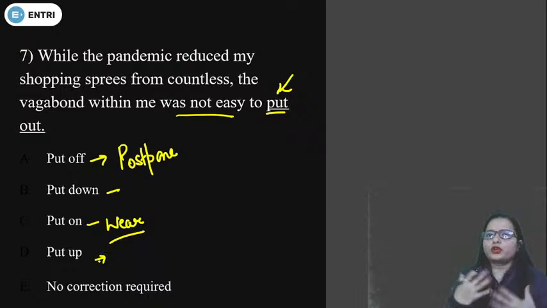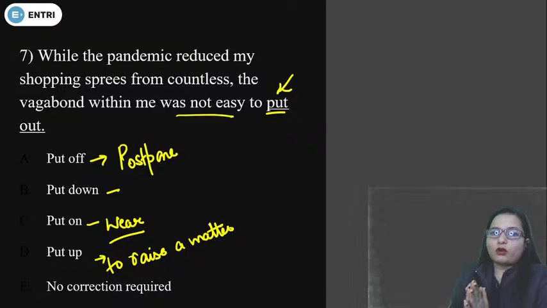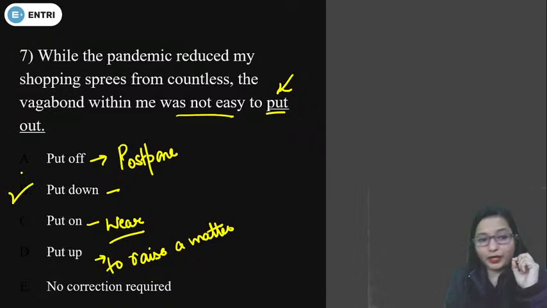Put up, when you raise a matter, we use put up. So what is the phrasal verb which can be replaced by put up? It is put down. Nothing can stop you. Okay, put down, right?